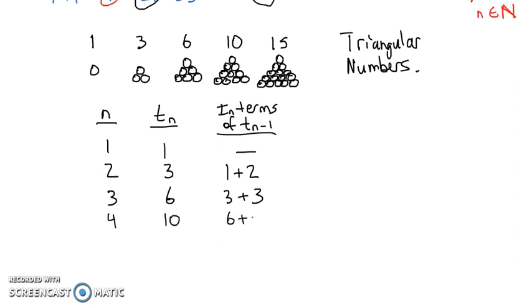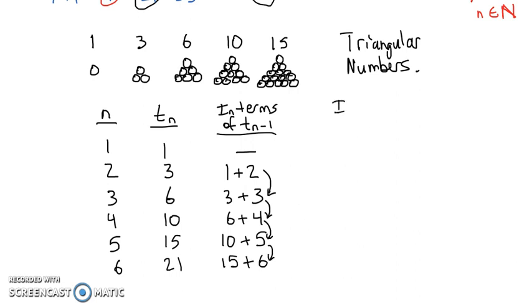It's the previous term of 6, and this time we've added 4. So you can see that we're counting up, adding one more every time. If I go to the next couple of terms, it's 10 plus 5, and again we're adding one more extra. And then the sixth term, being 21, is 15 plus 6. Again, adding one more extra every time.